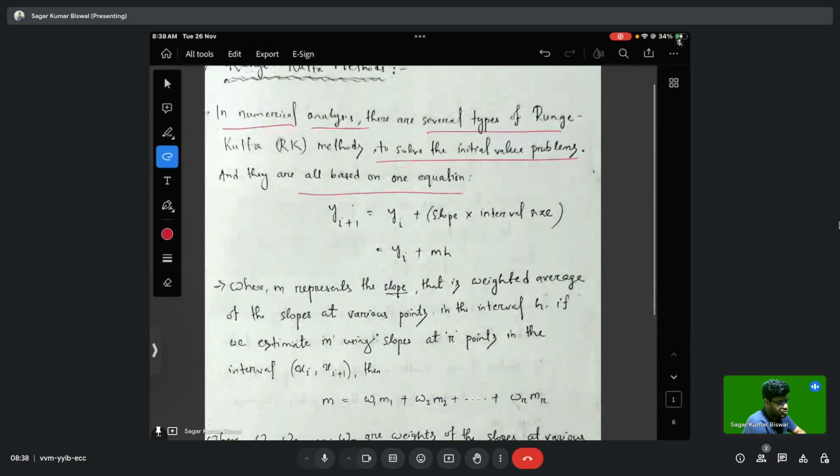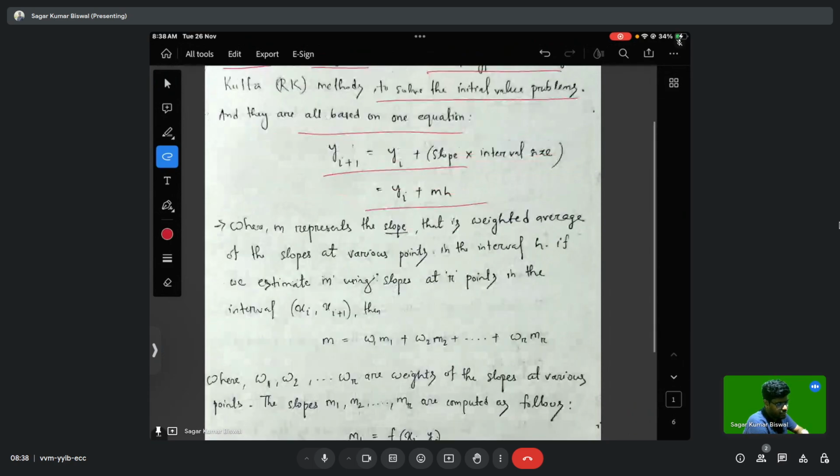This equation is nothing but Euler's formula, y i plus 1 equals y i plus m into h, where m is the slope, that is the weighted average of the slopes at various points in the interval h.